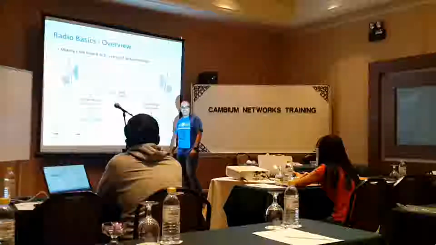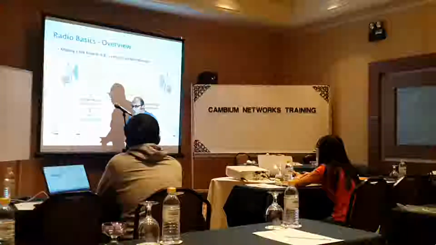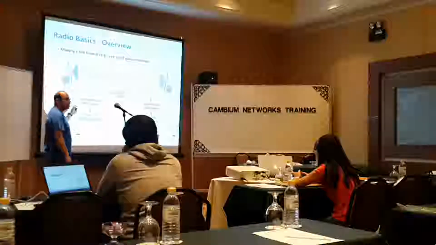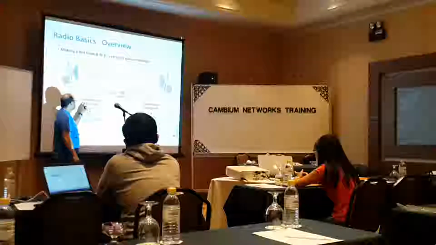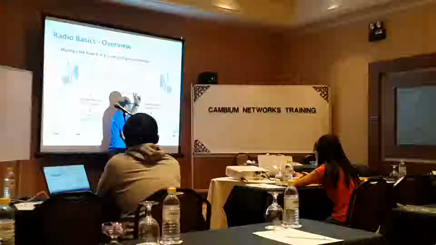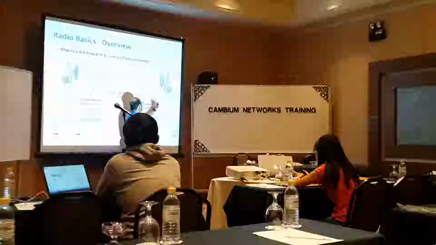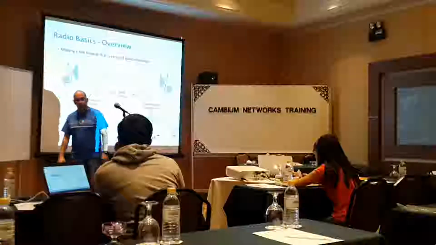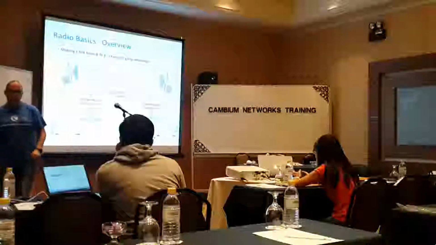This is RSSI or signal strength. So link budget is related to all of these factors: transmit power, transmitter loss, transmitter gain, path loss, receiver gain, receiver loss, receiver sensitivity. It depends on all of them.